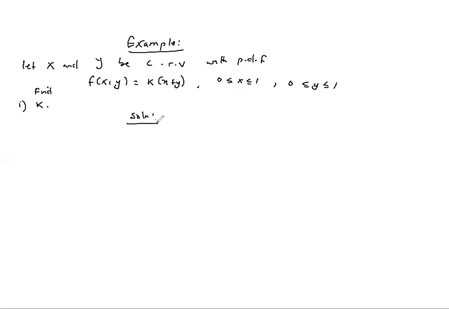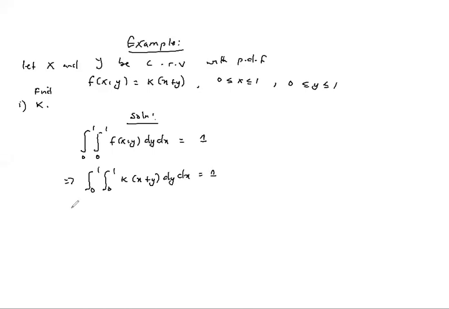So you know that to find k, you need to integrate for all x, for all y of this function, dy dx, and we must get 1. So from 0 to 1, from 0 to 1 of k(x plus y) dy dx, this must be equal to 1. So k can be outside, it's a constant. From 0 to 1, we have xy plus y squared over 2.